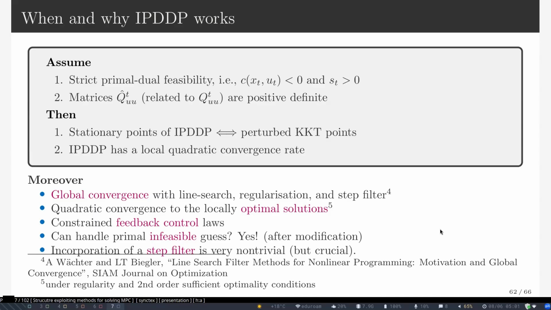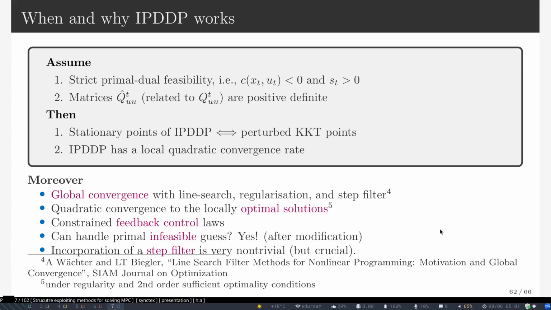Now, this is the simplest case. We start with a bunch of feasible solutions. We can show that we go to perturbed KKT points. As the perturbation goes to 0, we go to the real KKT points. We need constraint qualification as well. With line search, regularization, and step filter, we can have global convergence.